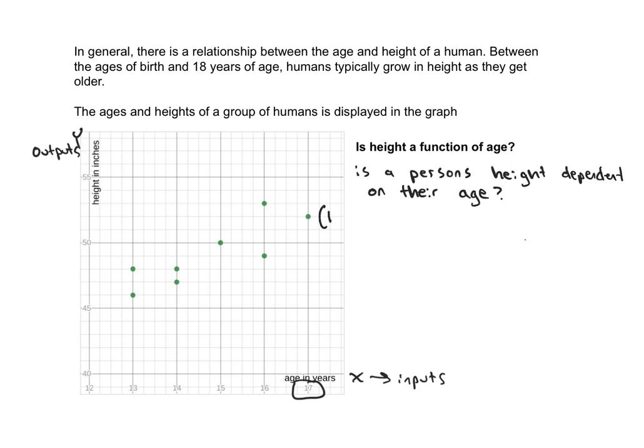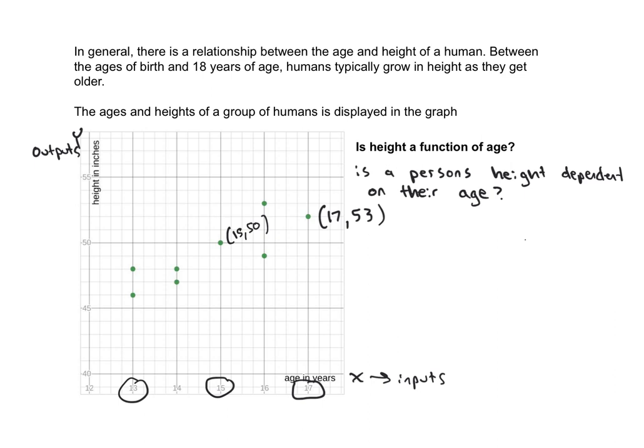This output is that this 17-year-old is 53 inches, okay? Let's check out a 15-year-old. So this 15-year-old, same thing. You input the age 15, and what comes out is 50, okay?